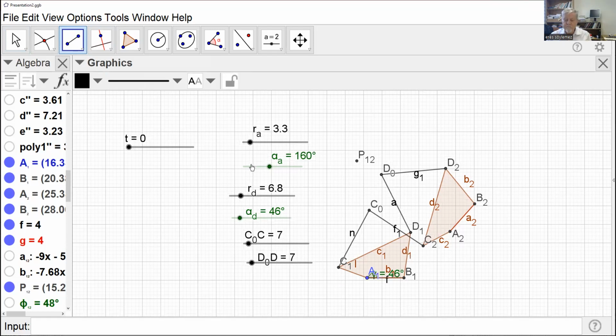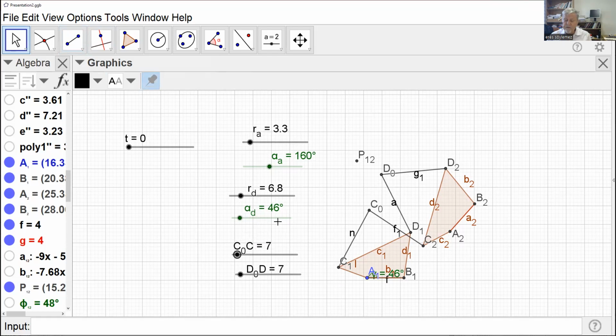Now, using these 6 parameters, notice, I can change the dimensions and determine different solutions to move this rigid body from the first position to the second. For example, I can increase the crank length C0C.